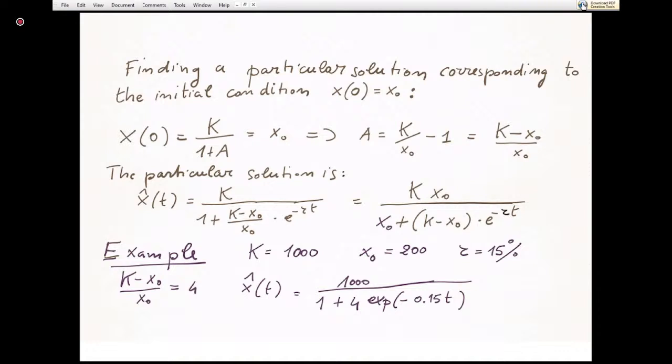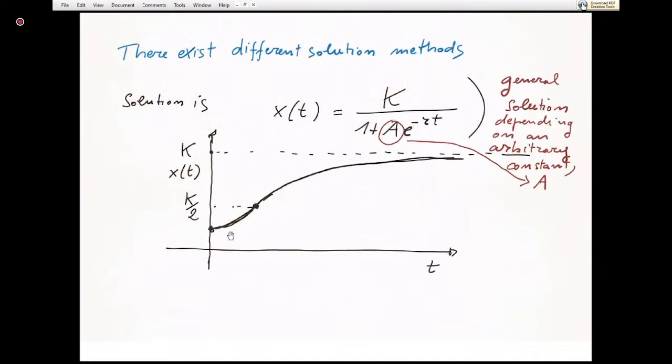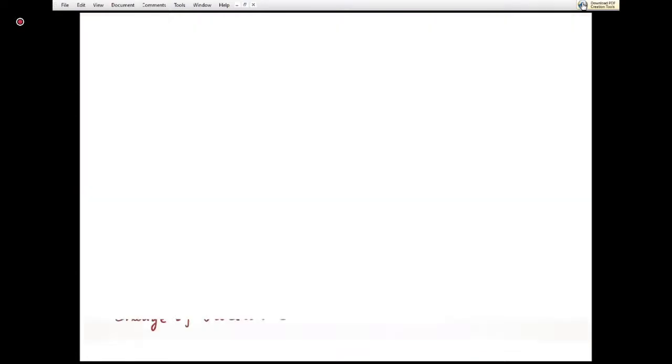Depending on the parameters of the model, you may have different shapes, but in general you get something that initially increases with an exponential-like shape, and then it levels off as it approaches the upper level.